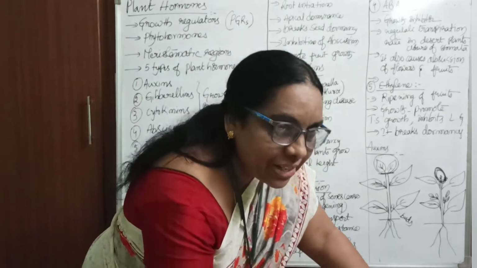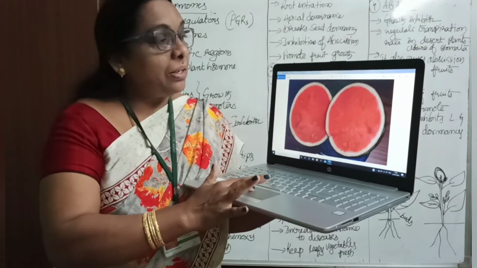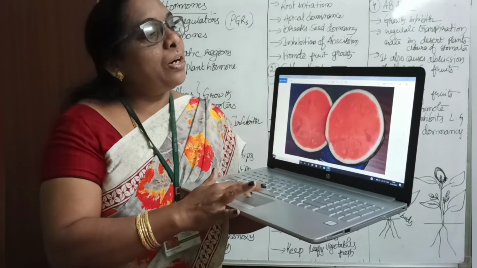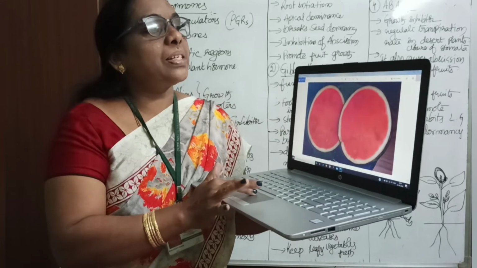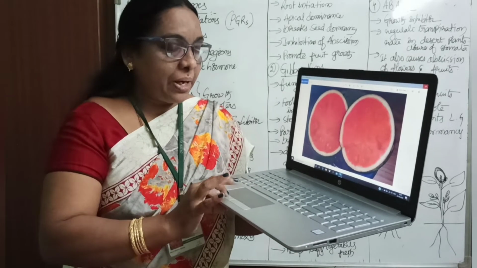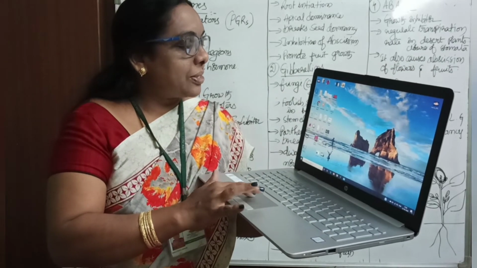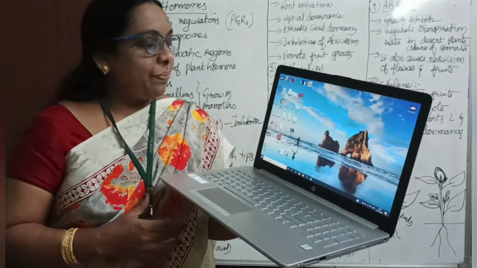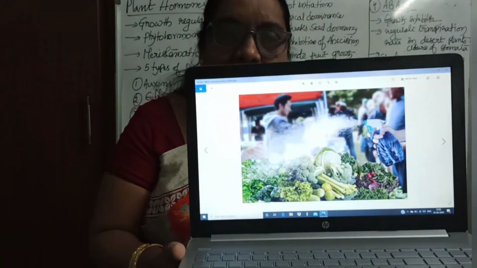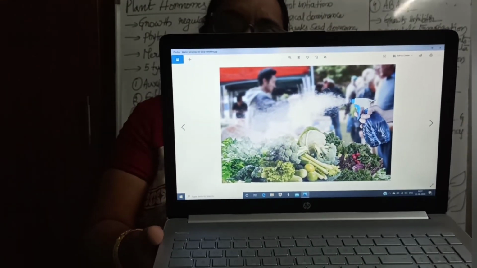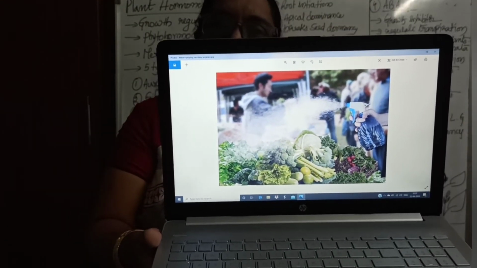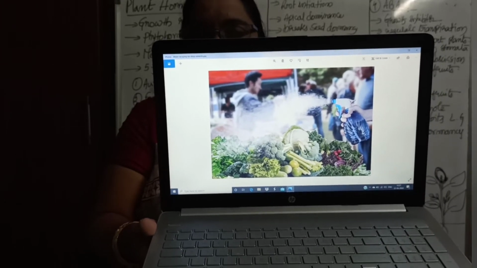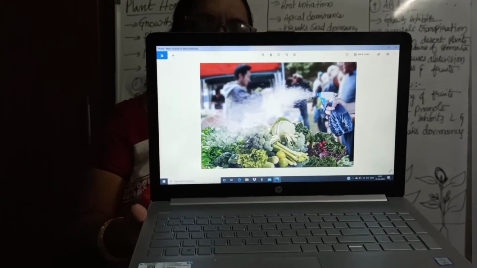That is the reason nowadays in the market, what people are doing is spraying chemicals, especially cytokinins. They just spray the cytokinin chemical over the vegetables and leafy vegetables. When they spray like that, what will happen?